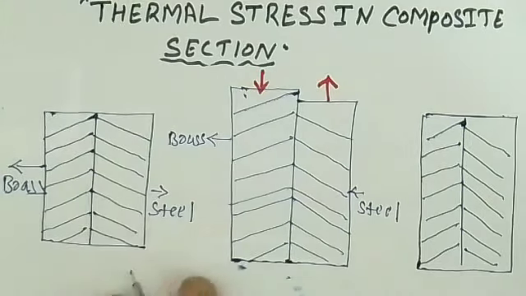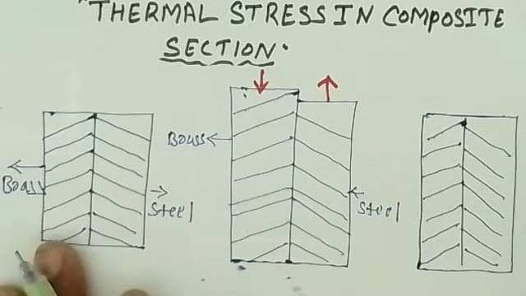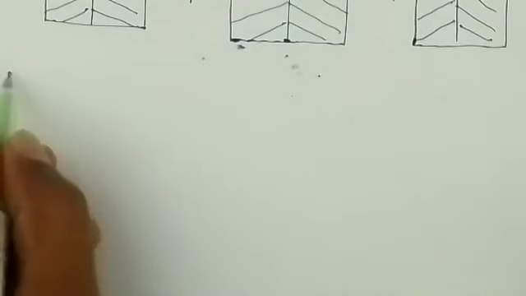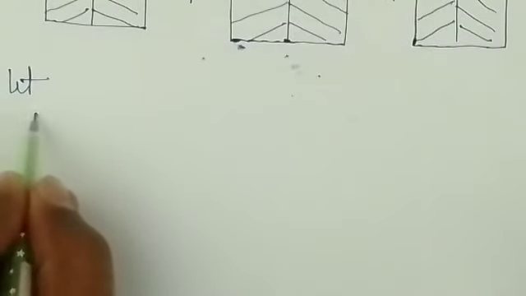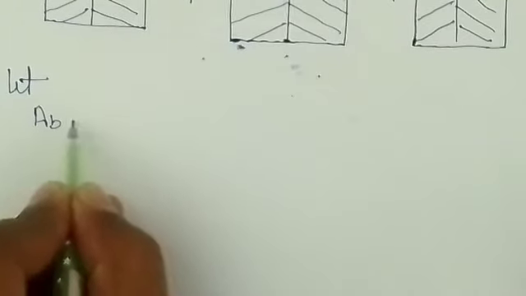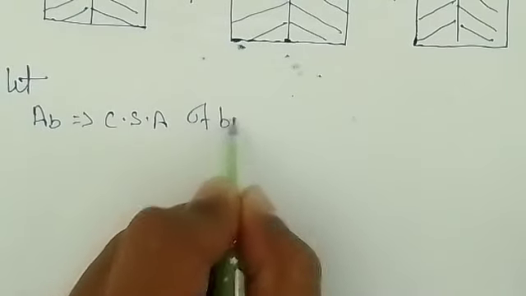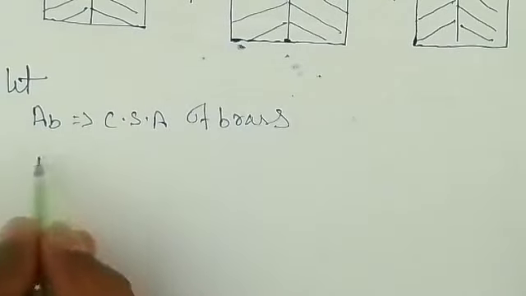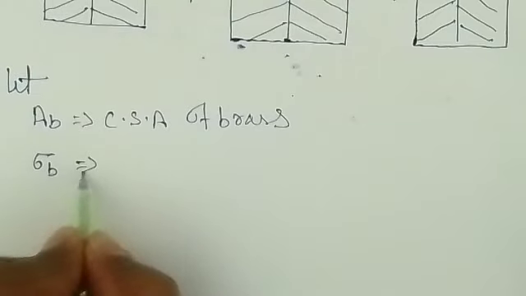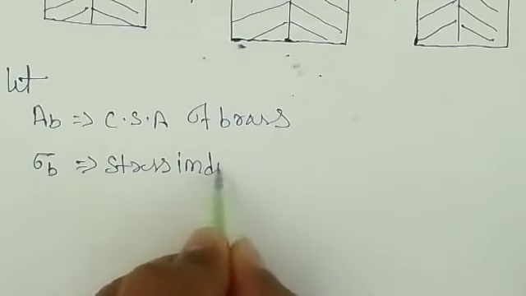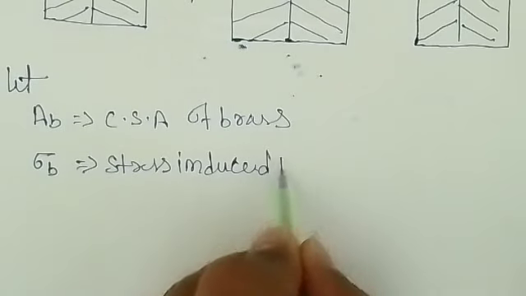Before that we can write some nomenclature. Let sigma B be the stress in the brass, AB the area of the brass, and Young's modulus. So let AB be the cross-sectional area of brass. Sigma B is the stress induced in brass.